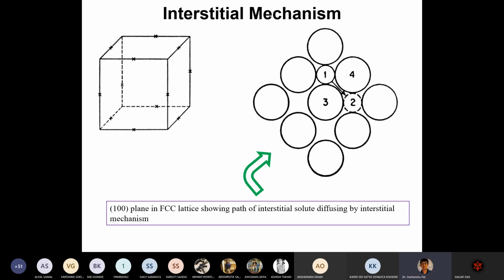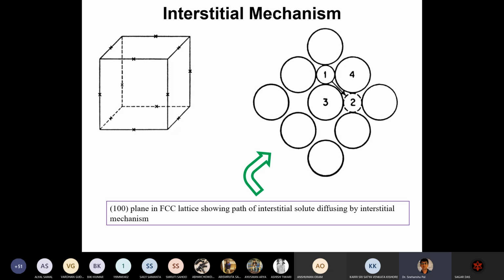And the figure is showing an interstitial atom in a 100 plane of a group of spheres packed into the FCC lattice. Before atom 1 can jump to nearest neighbor site 2, the matrix atoms 3 and 4 must move apart enough to let it through.